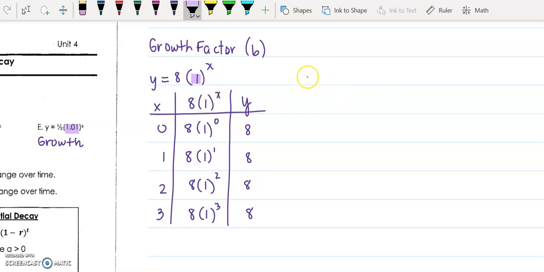So let's work with y equals 8 times 1.5 to the x. So now our growth factor is 1.5. So let's create a table for this.